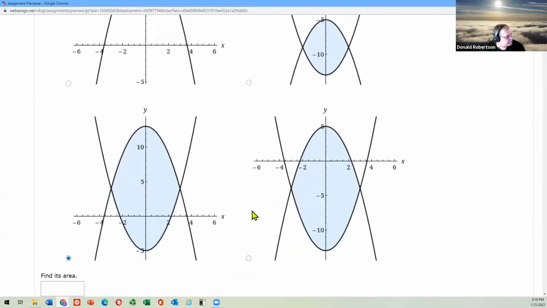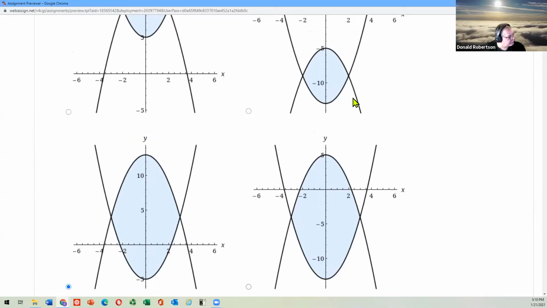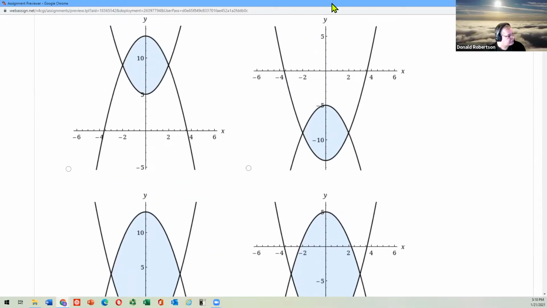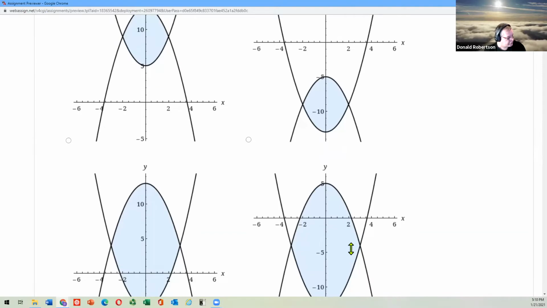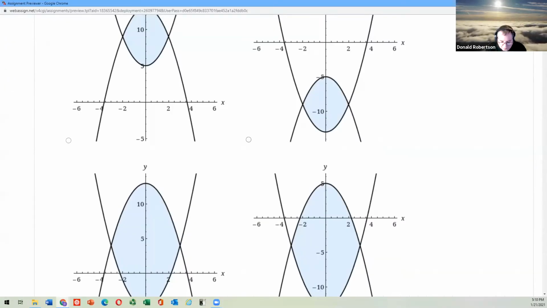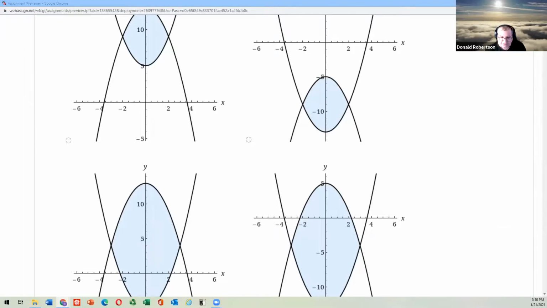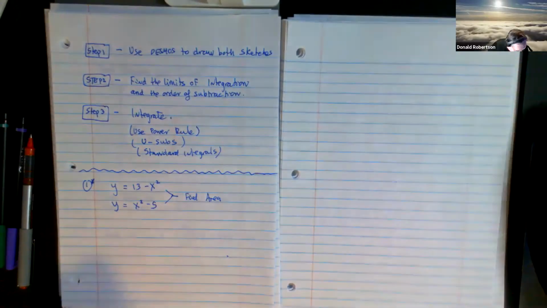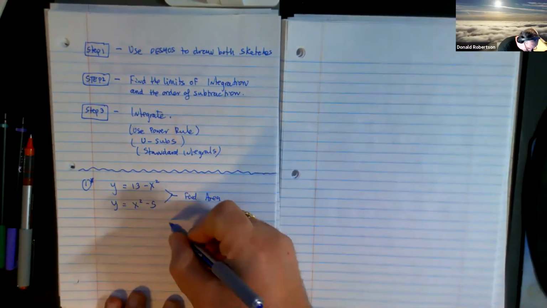So I pick that one. What the homework does is it gives you 4 graphs and you pick the one that looks like ours. So I'll now return back to the whiteboard and improvise a little bit.